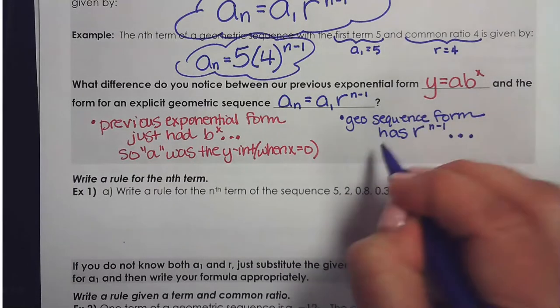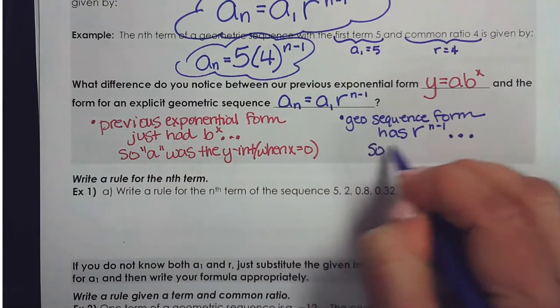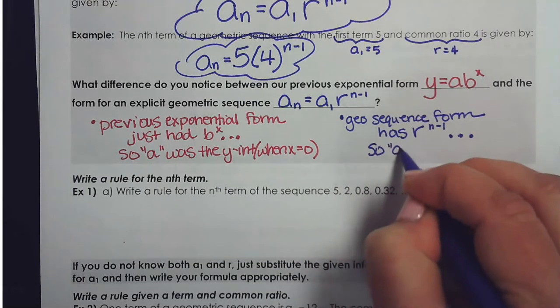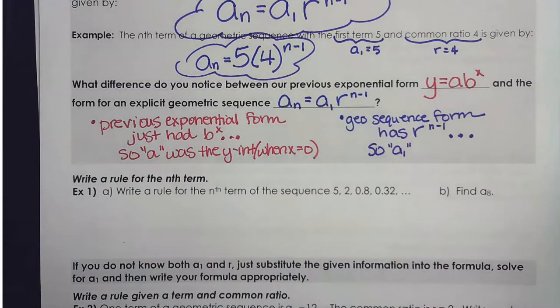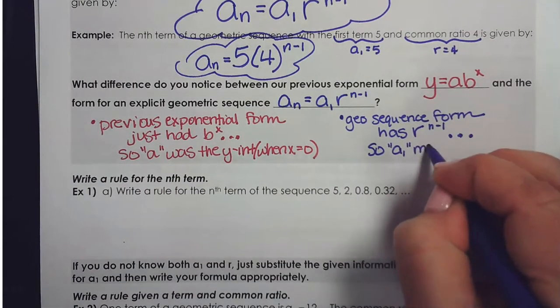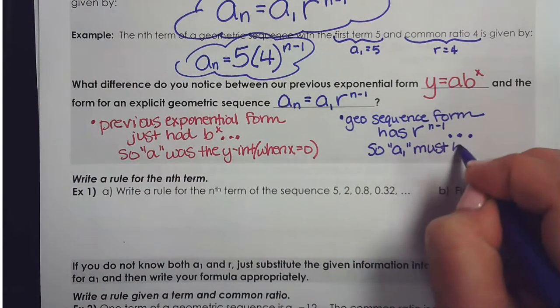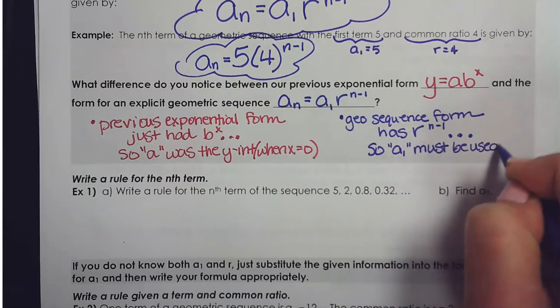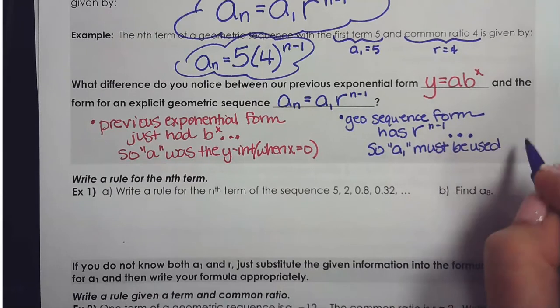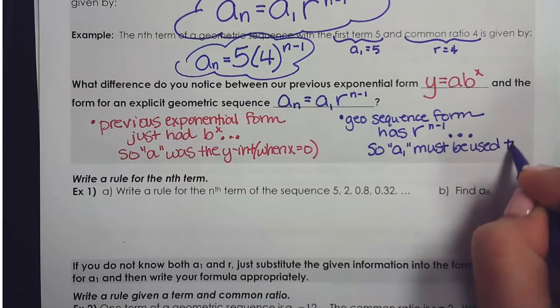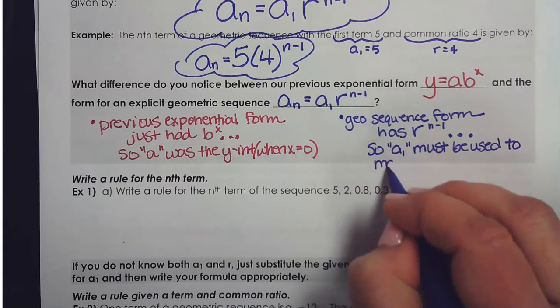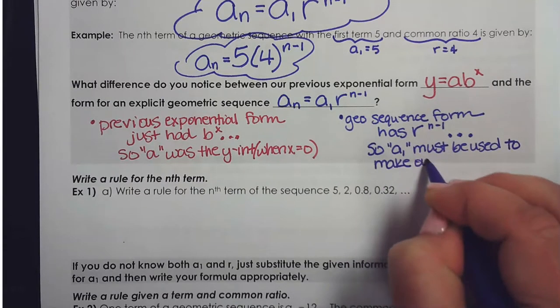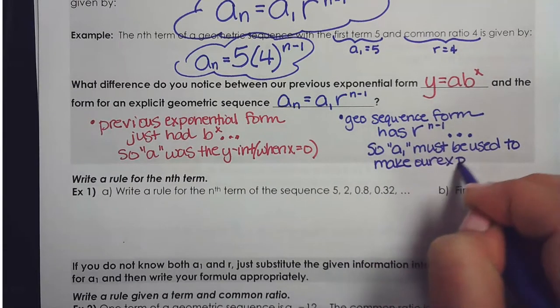And so what that means is that our a sub 1 must be used to make our exponent 0.